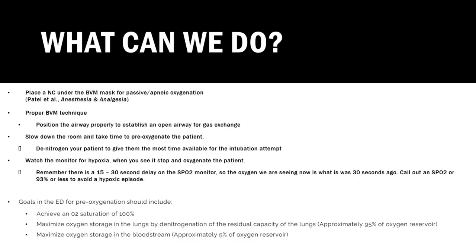So, good, proper BVM technique means that we can slow down the whole run and say, hey guys, we've got time. Okay, we're going to bag this patient, get their O2 sats up, adequately prepare our patient, and have everything ready before we make this call. Slow down the road.